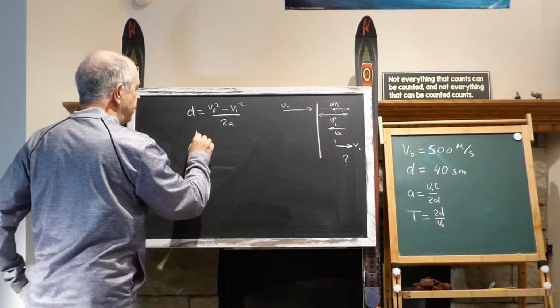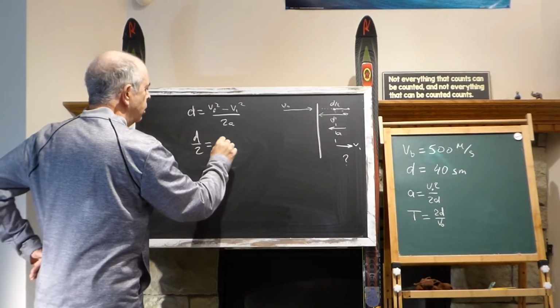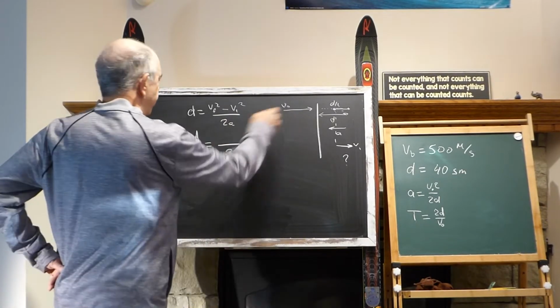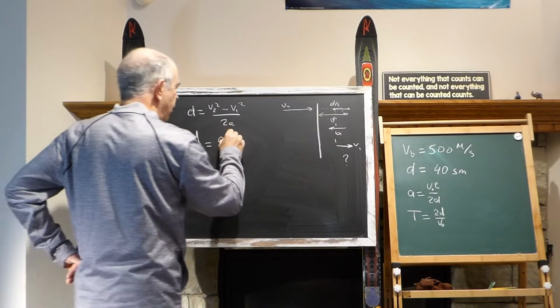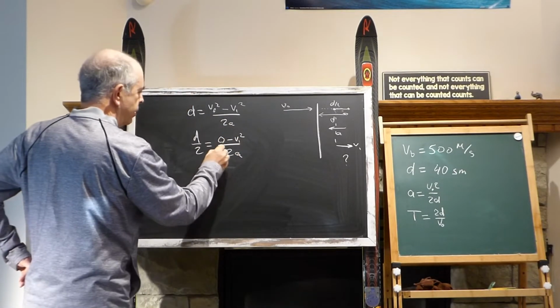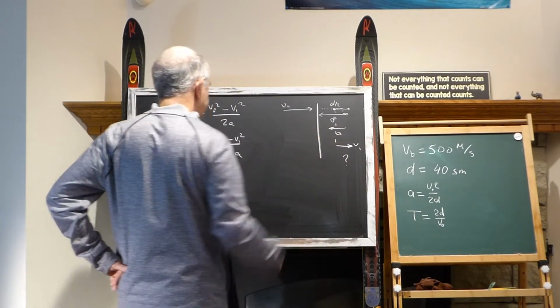it would be d divided over 2a, right? V final is 0, minus v1 squared, and we have to put minus here because acceleration is directed that way.